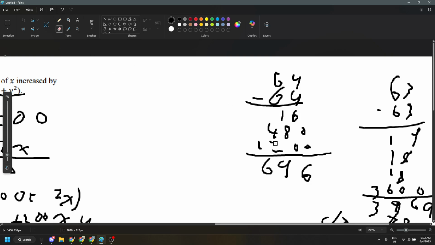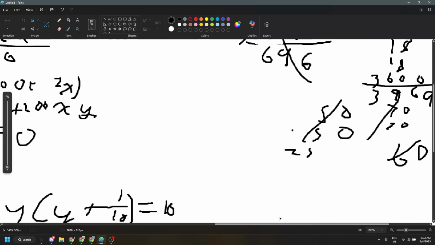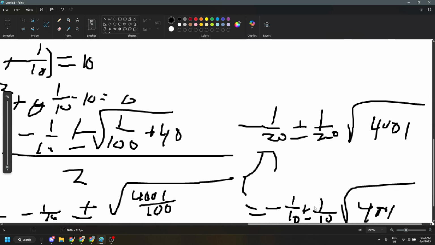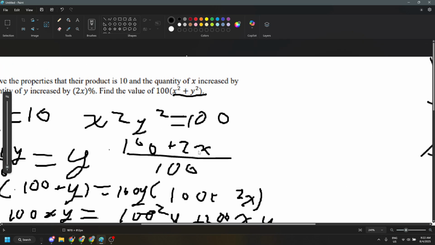Oh, what did I just do there? Should be 3, 6, 0, 0. And this won't be it anyways, because it ends in a 6. So this is not a square number, but that's fine.